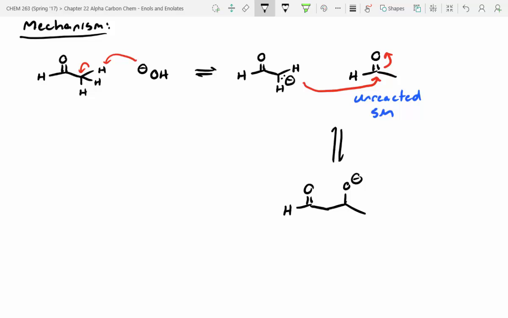And then last but not least, you've got the water that was generated from your deprotonation step that can act as weak acid. And you form your beta hydroxyaldehyde.